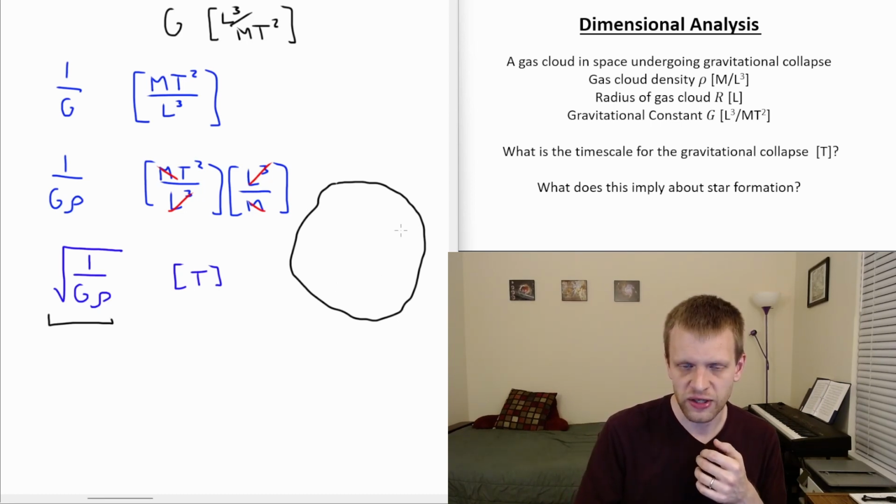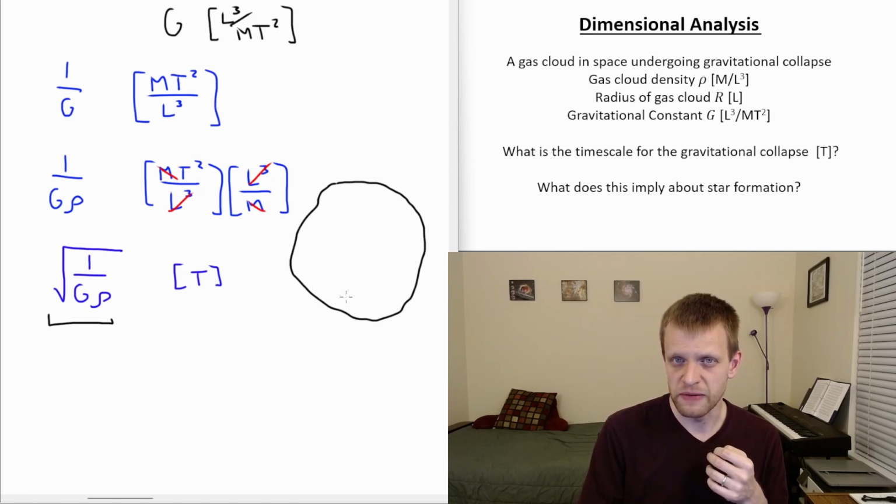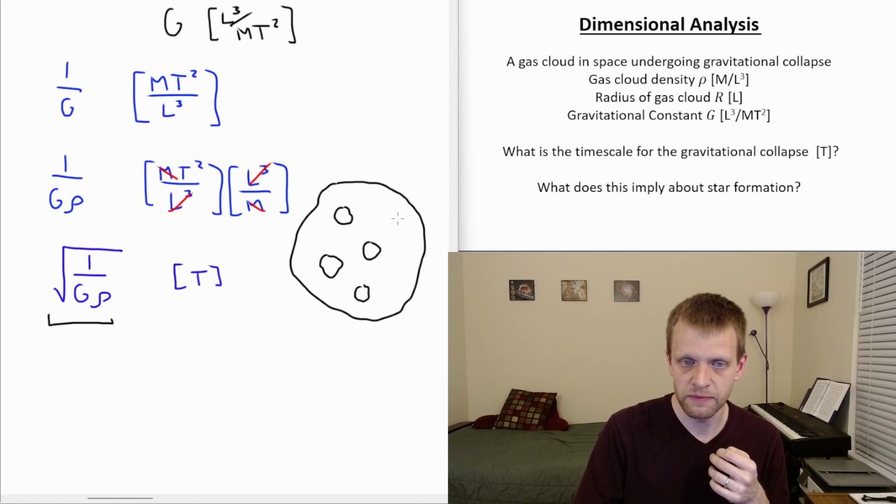Well, if we have this cloud of dust and gas in space, it's probably not going to be perfectly uniform. There are probably going to be some little regions where the cloud is at a little bit of a higher density. So, higher density pockets.